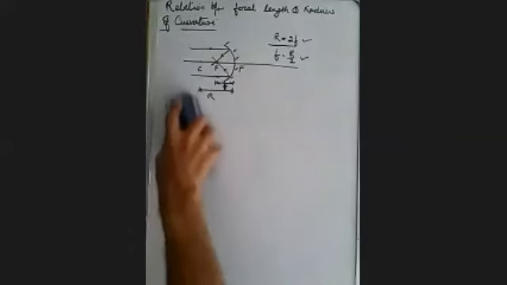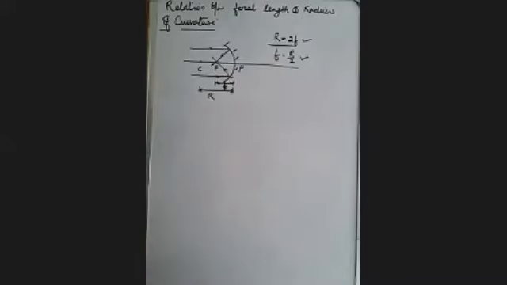We need to consider different rays and their reflection and see whether these rays meet at a single point or not. If they actually meet, we get a real image. If they don't actually meet, but seem to be meeting at or spreading from a point, then it becomes a virtual image.